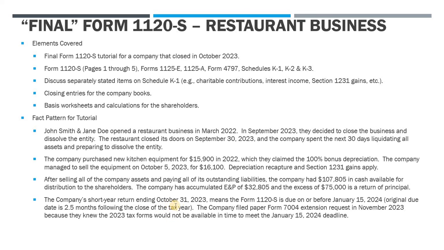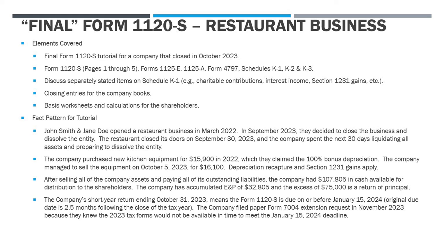So if we shut down and dissolve on October 31st, it means that the 1120S is due on or before January 15th, right? And so for that reason, for a lot of short period returns, the companies will file an extension request to give themselves another 6 months, because a lot of times the forms aren't even available, right? And so rather than stress about trying to get this filed before mid-January, they file an extension request, and that gives them more time.